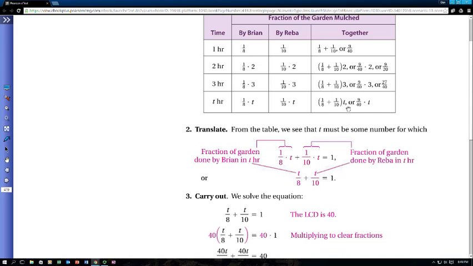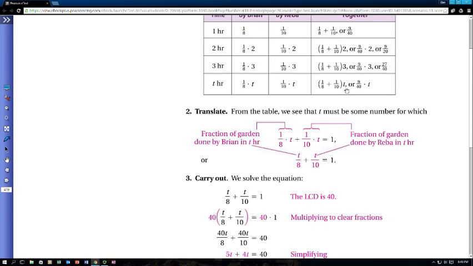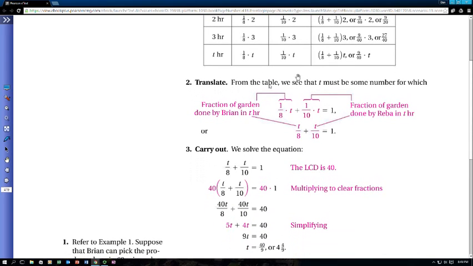We want that to be equal to 1, which is 1 garden in this case. So from the table we can see that T must be some number for which the fraction of the garden done by Brian in T hours, right?